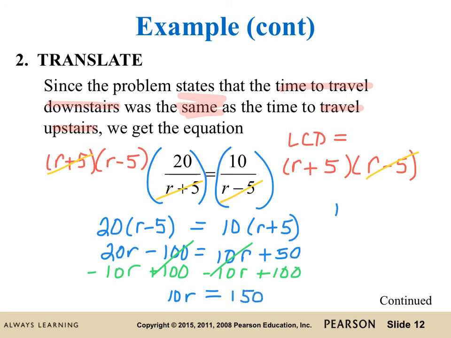And if 10r equals 150, and we divide both sides by 10, then 150 over 10 tells us that r is equal to 15. So we think r is equal to 15.